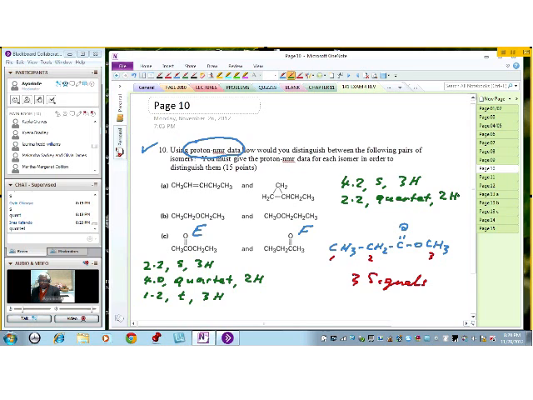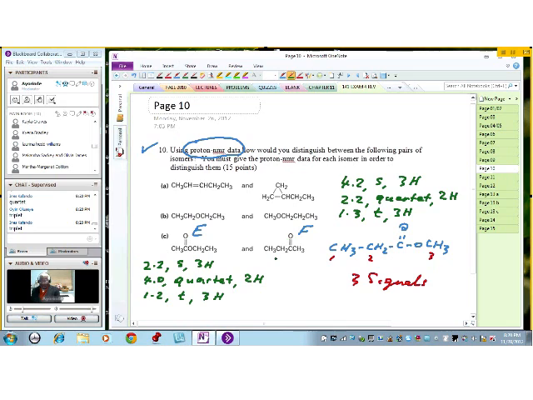And that is 2 hydrogen. And finally, how about this one here? Chemical shift will be, I would say, maybe about 1.3. And what will be the multiplicity? Triplet. Excellent. And that is 3 hydrogen.